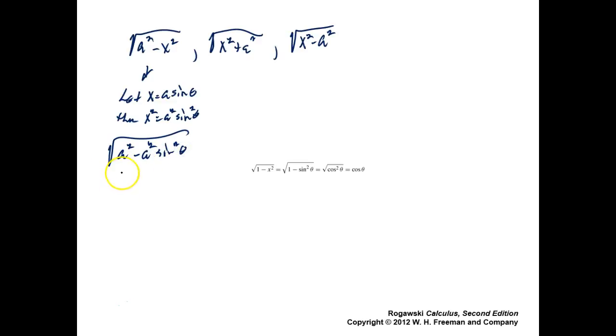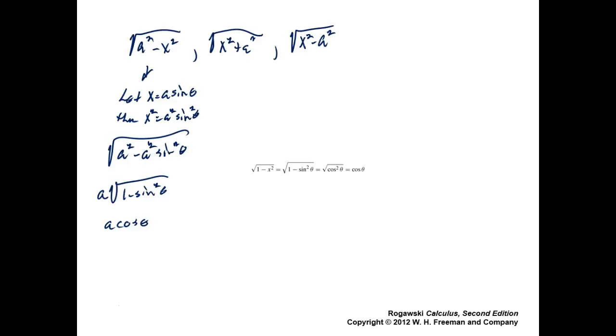You can factor out an a squared, which leaves an a outside the radical times 1 minus sine squared theta. And what's 1 minus sine squared theta? Cosine squared theta, and the square root of that is a cosine theta. That we can deal with, wherever it is, numerator, denominator, whatever. Usually we have a better chance of dealing with that.